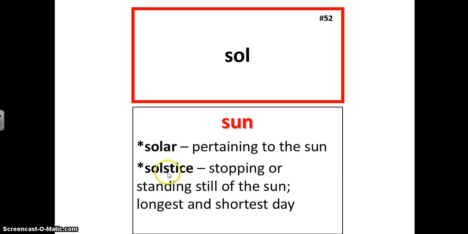The next word is solstice. Let's talk about solstice. You and I and people all through history have had this giant hole where we want to know the answer to why. Why do things happen the way they do? Well, ancient people used to wonder that too, and they used to look to the sky. They would look to the sun or the moon or the stars.